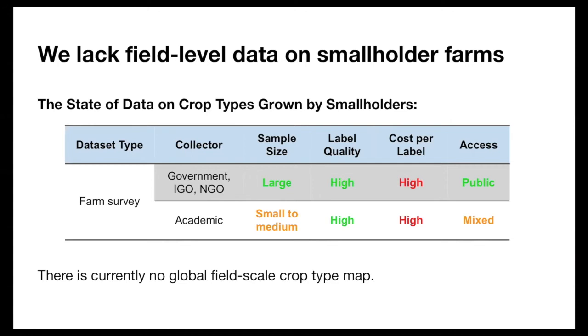Academics also sometimes go out and collect these surveys, but in those cases, the sample size tends to be small. So as a result of these limitations in farm survey availability, currently there's no global field scale crop type map. And you can probably imagine that having this sort of map would be helpful for downstream analyses like field scale yield prediction.